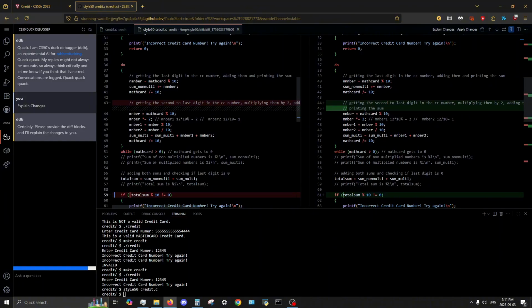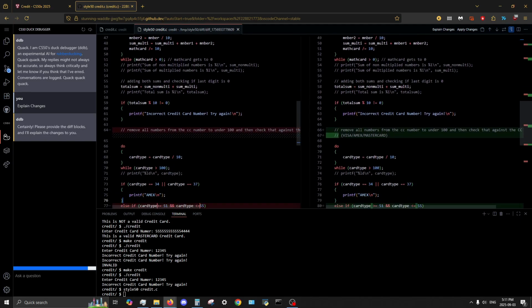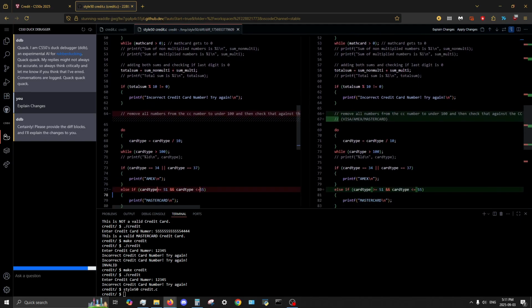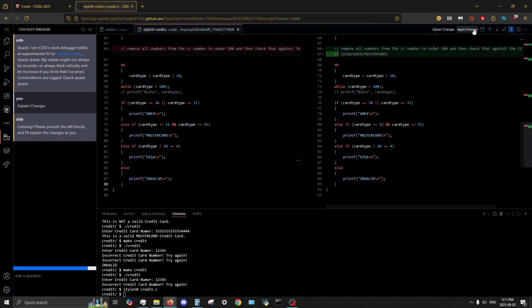Remove line. And here you don't want a space. Okay. Extra space. Extra space. Delete this. Okay.